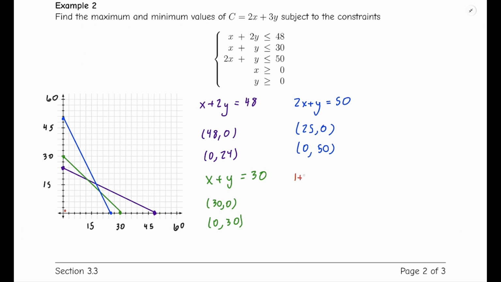So is 1 plus 2 times 1 less than or equal to 48? Check. Is 1 plus 1 less than or equal to 30? Check. Is 2 times 1 plus 1 less than or equal to 50? Check. Is 1 greater than or equal to 0? Check. Is 1 greater than or equal to 0? Check. So our shaded region is this pentagon shape.